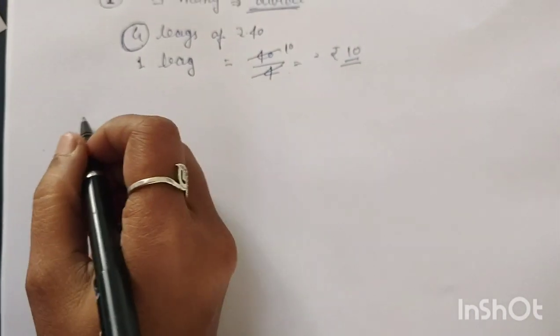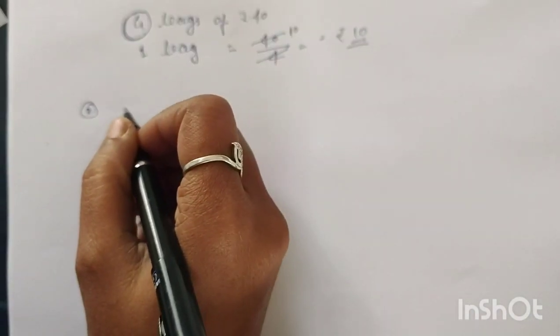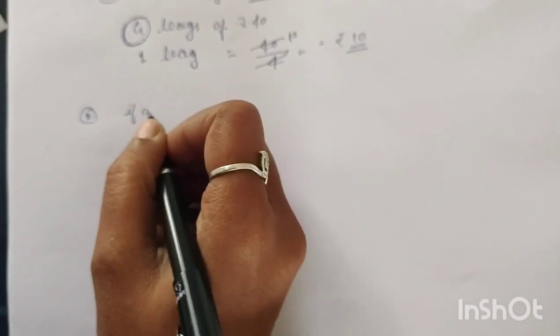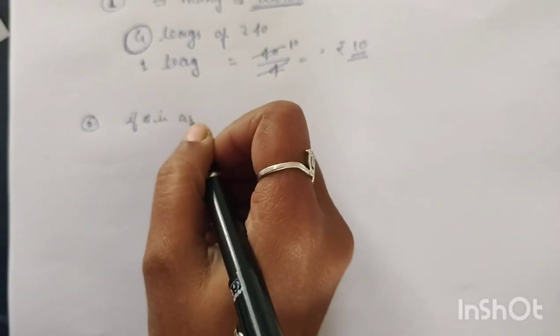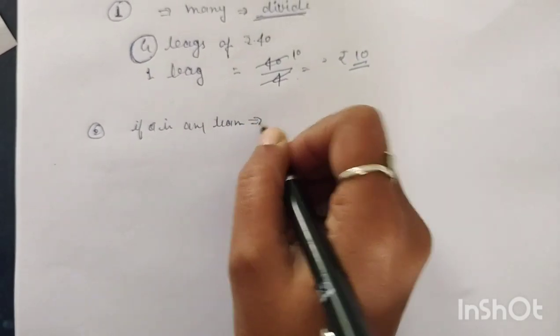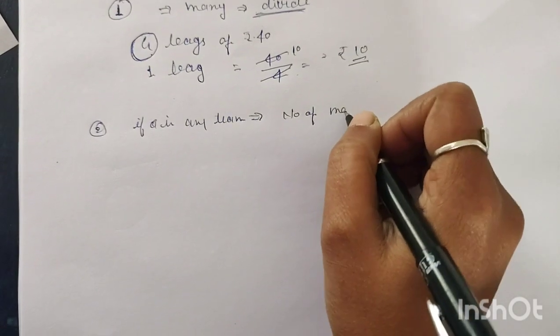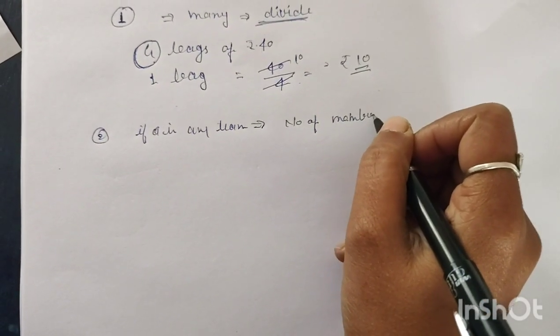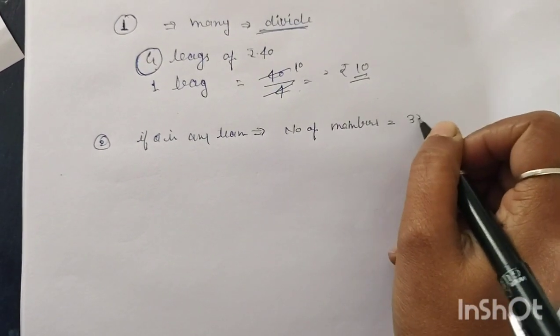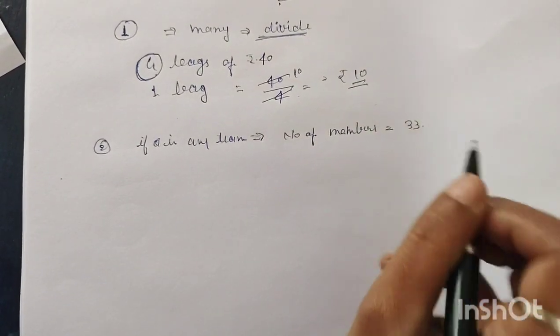Okay, let's take another example. Suppose in any team the number of members is equal to 33 and we have to find the number of members in one team.